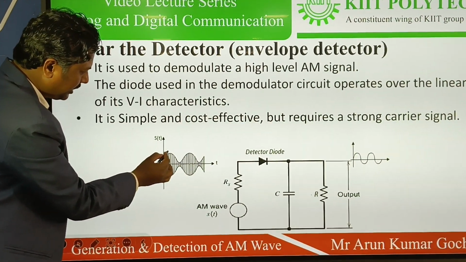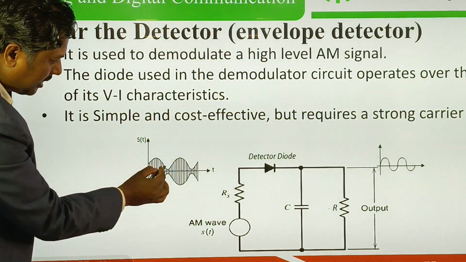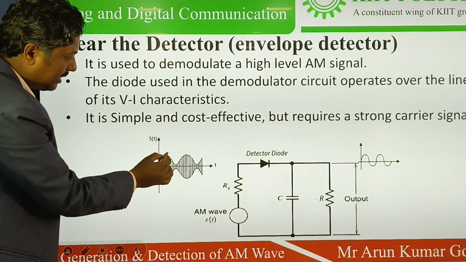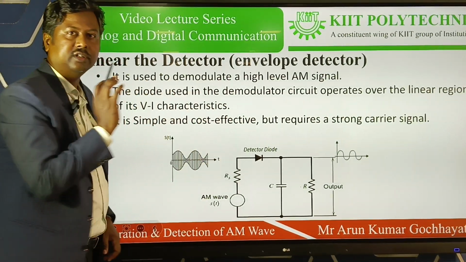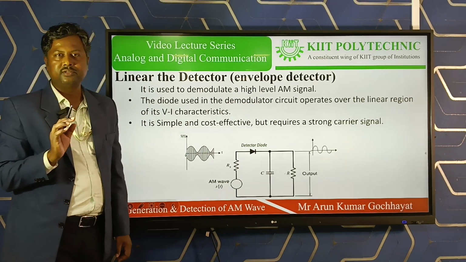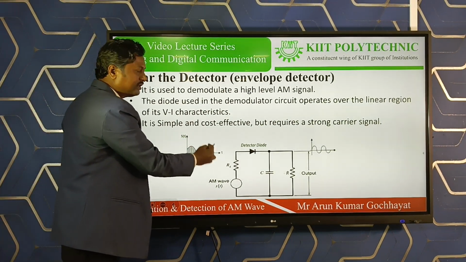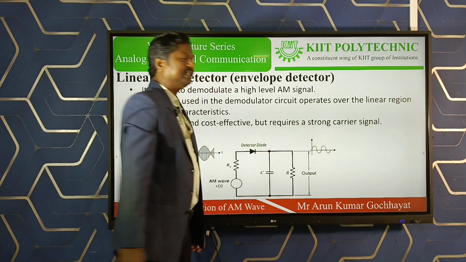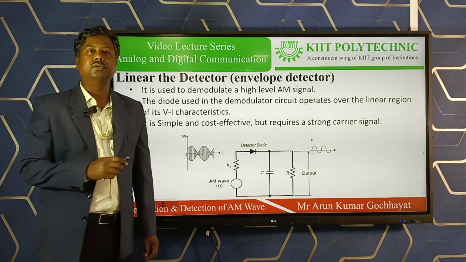So if I take the amplitude level, then I will have that envelope, and that envelope is nothing but the sinusoidal signal. So if the amplitude changes sinusoidally, that provides us the message signal exactly at the output of the detector circuit.